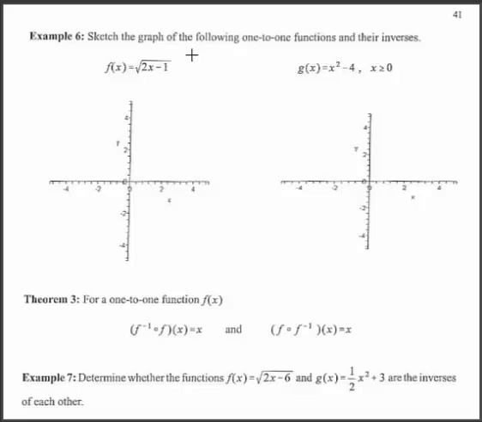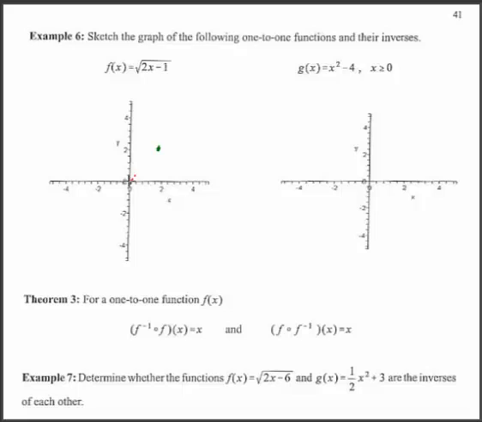Okay, example 6, we want to sketch the graph of these one-to-one functions, and we want to sketch their inverses, and we'll just simply use what we learned on the previous page about y equals x as our line of symmetry. I'll use green.